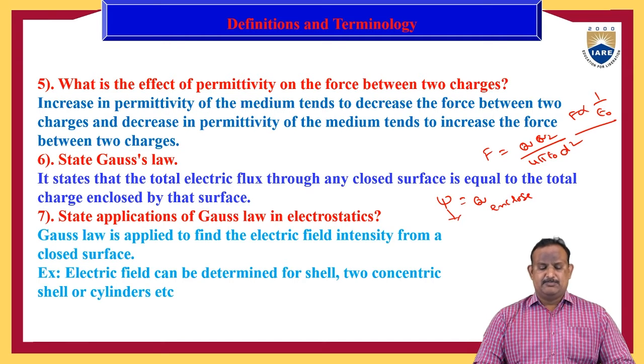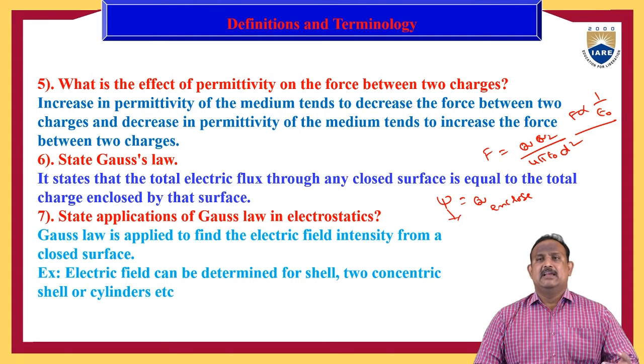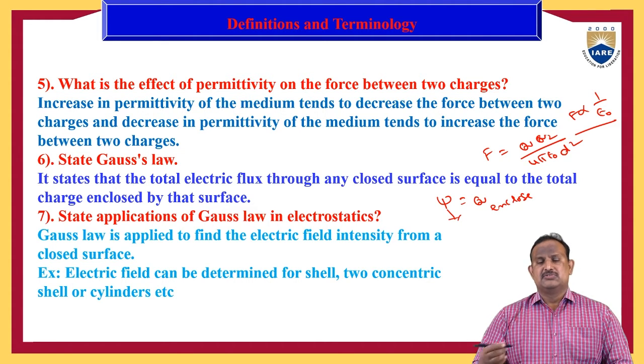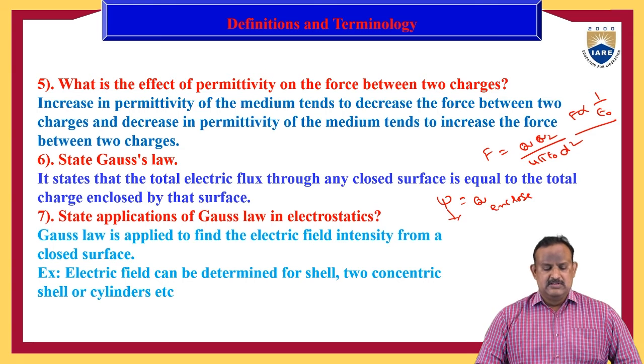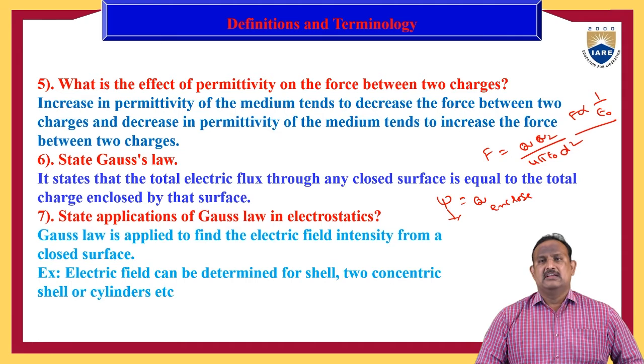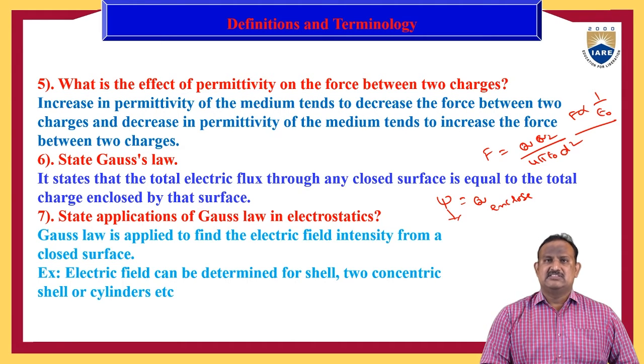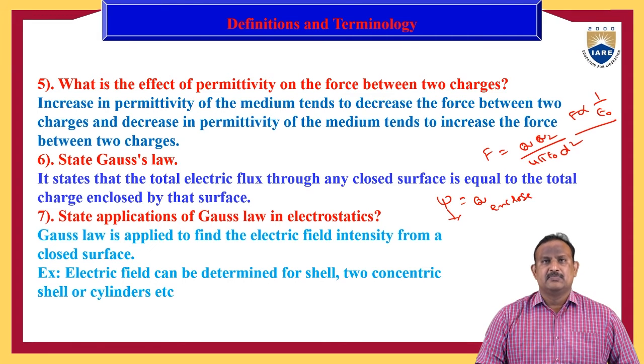Gauss law is applied to find the electric field intensity, mainly from a closed surface or to a closed surface. The examples of electric field can be determined for a shell or two concentric shells or cylinders. So it is another example of finding electrostatics in a closed surface.